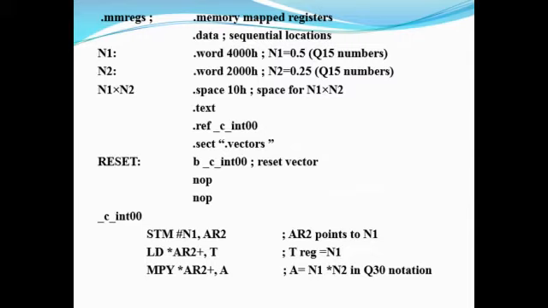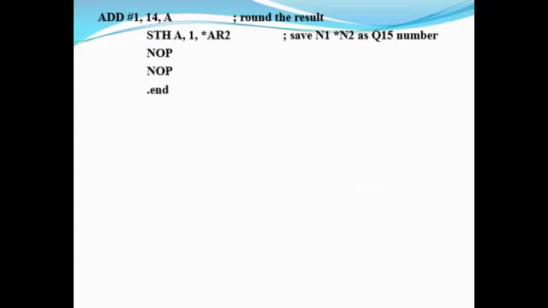The result will be stored in the A accumulator, and the result will be in Q30 notation because we have taken these two as Q15 format. Then we round the result by adding 1 to the accumulator content, so that is giving us the result.